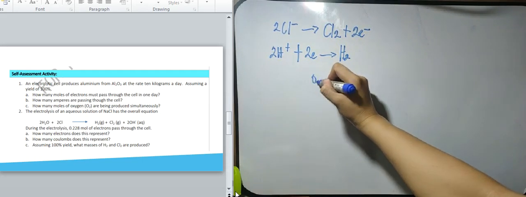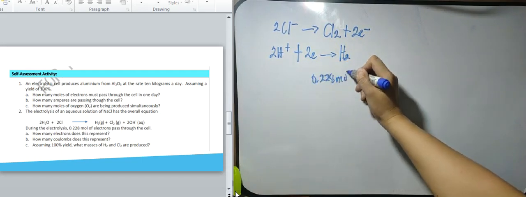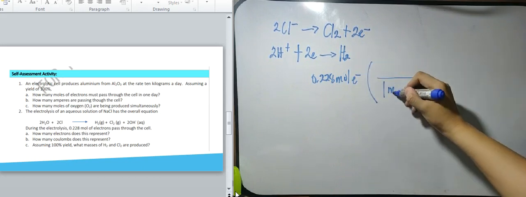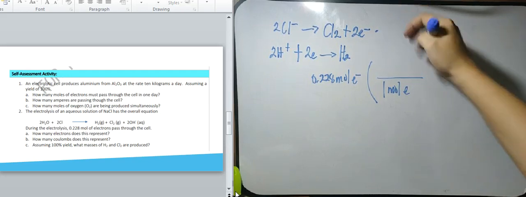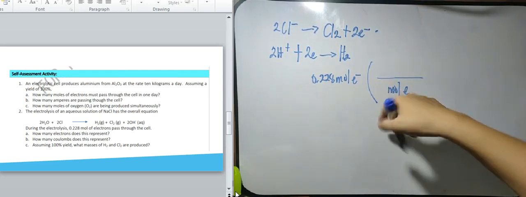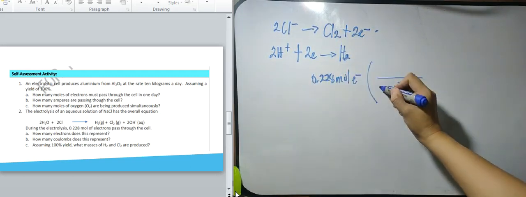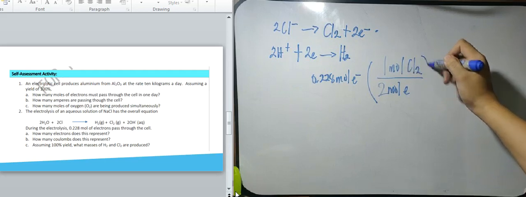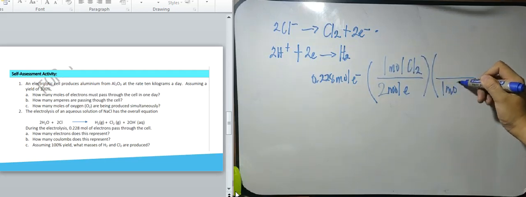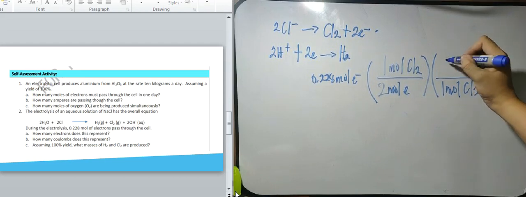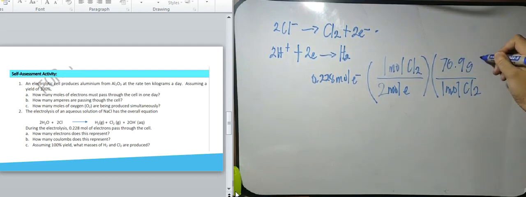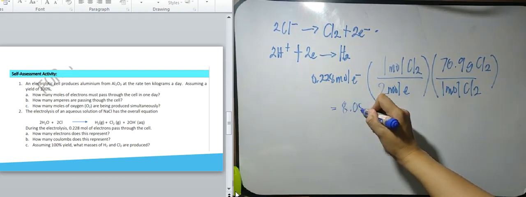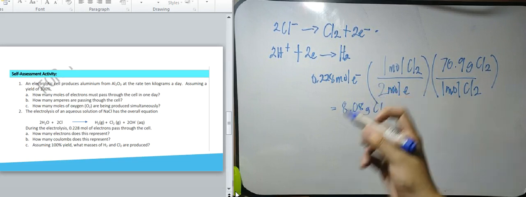So from the given, we have 0.228 mole electron. In this reaction, we have 2 moles electrons in 1 mole of chlorine. And in 1 mole chlorine, we have how many grams? 70.9 grams. So we have 8.08 grams Cl2.